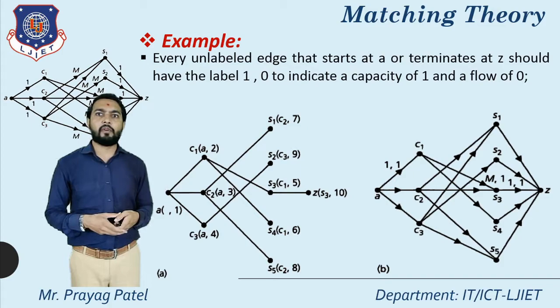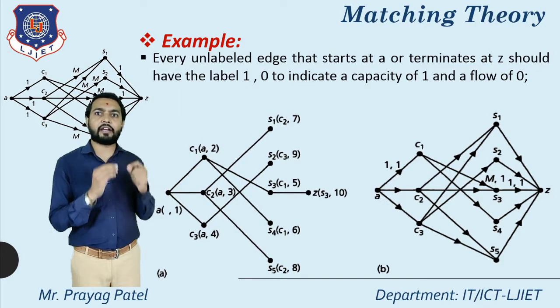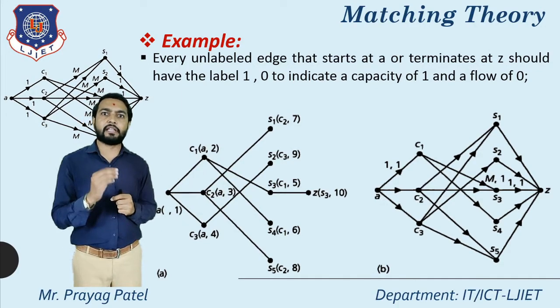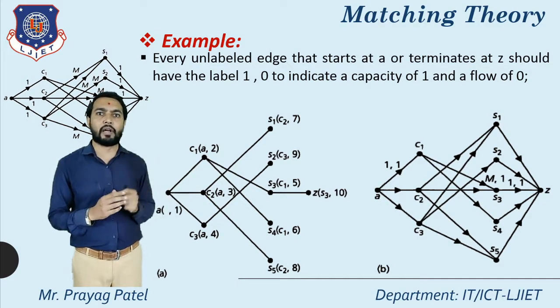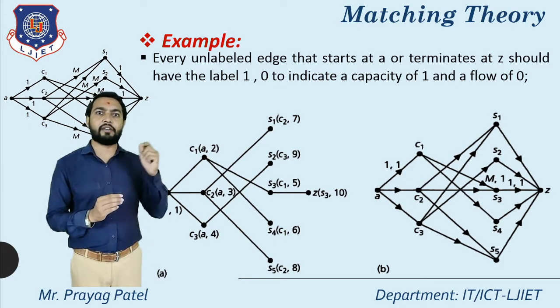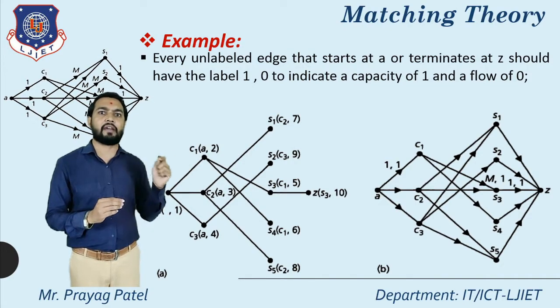Now second time when we apply this algorithm, then we will get another path. So if here we increase the value by 1, that means in figure B, we see capacity and flow as A to C1 as 1, 1, C1 to S3 as M, 1 because M as a capacity, 1 as a flow, and S3 to Z as 1, 1, 1 capacity and 1 flow.